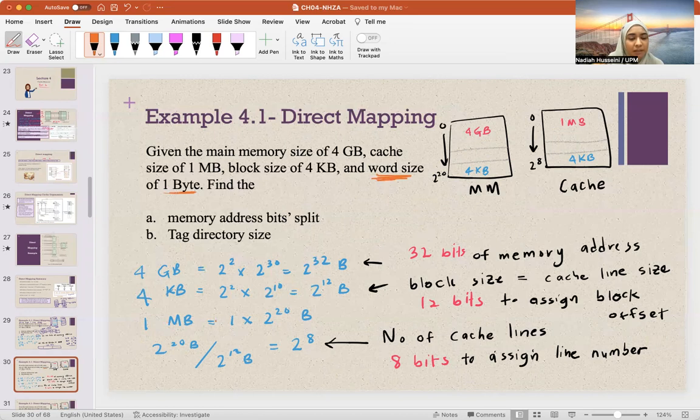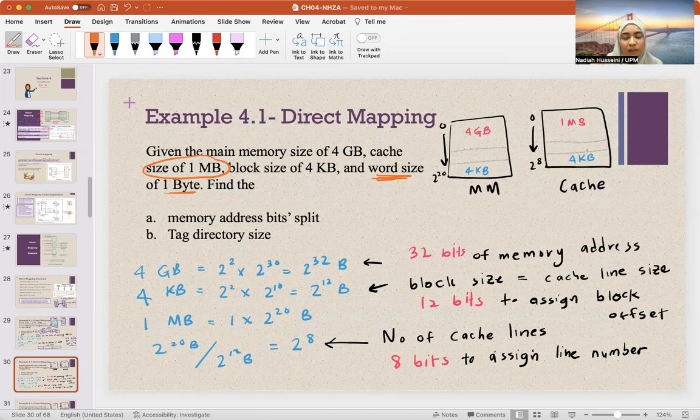So 1 megabyte is equal to 2 to the 20 byte. Sorry, I'm talking about the cache, not the word size. The cache size of 1 megabyte. 1 megabyte is equal to 2 to the 20 byte. So this is going to be your cache size.